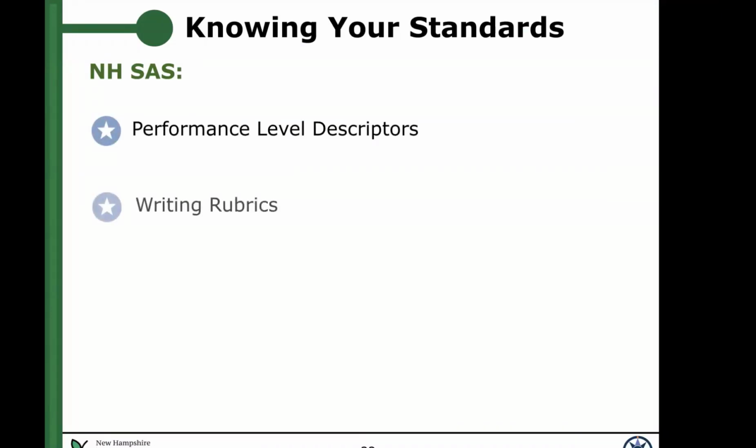There are 3 different areas of the New Hampshire SAS site that we have used with a lot of different schools on having them dig deeper into their standards and understanding their standards a little bit more clearly. And those 3 areas are, they have what are called performance level descriptors. They have writing rubrics on the New Hampshire SAS portal, and they also have what are called modular assessments.